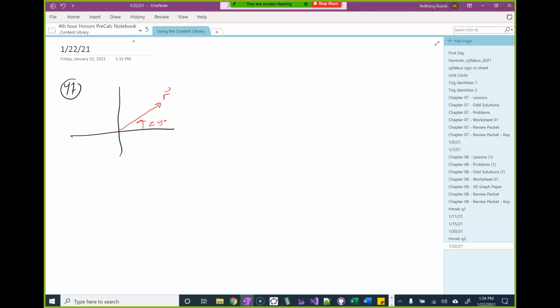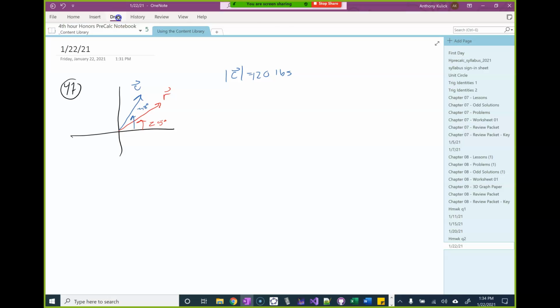It says a crate of negligible weight is being pulled up the ramp at an angle of 38 degrees with a force of 120. So let's make this our crate vector C. That's 38 degrees, and we know the magnitude is 120 pounds. It asks, what is the amount of force being directed up the ramp?